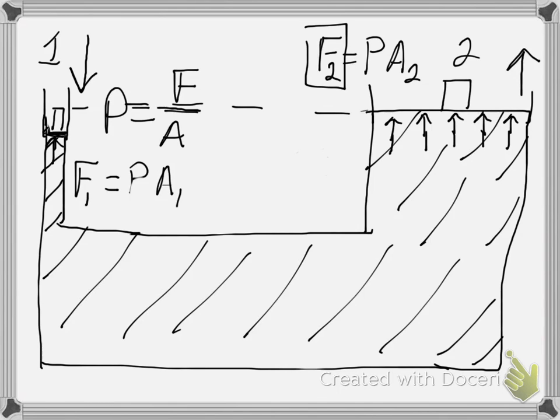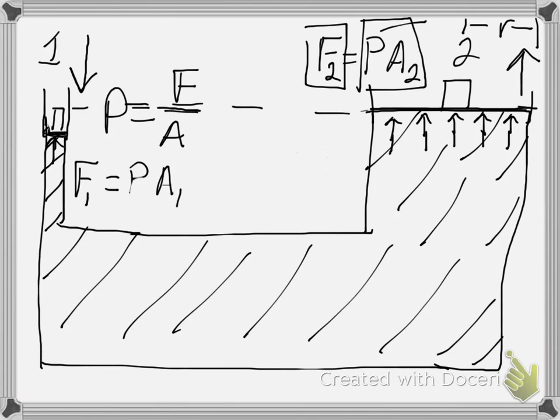So I can raise something very heavy. If I were to put a car on this side, I'm able to exert a very large force, a force that is equal to the change in pressure, where P represents the change in pressure, times the area of the cylinder. In most cases, a cylinder is going to be circular, so the area is pi r squared, where r is the radius of the cross-sectional circle.